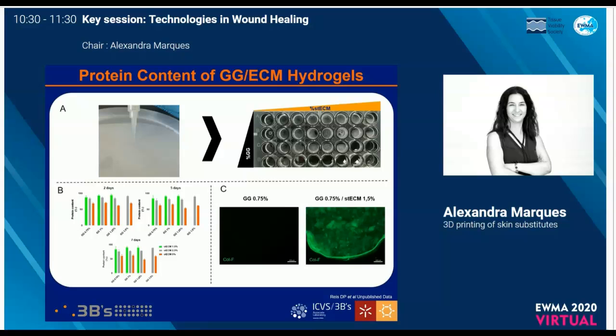And we could see that even after 7 days, the amount of protein that is retained within the gels is significant, almost the same as the one that we incorporated, which means that they actually form stable structures with the gellan gum. You can see here a collagen staining that shows the matrix that we incorporated together with the gellan gum. This is the control.